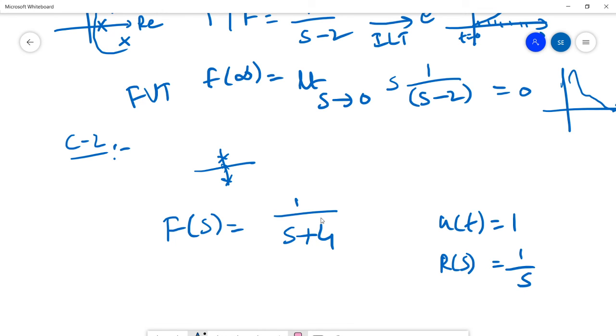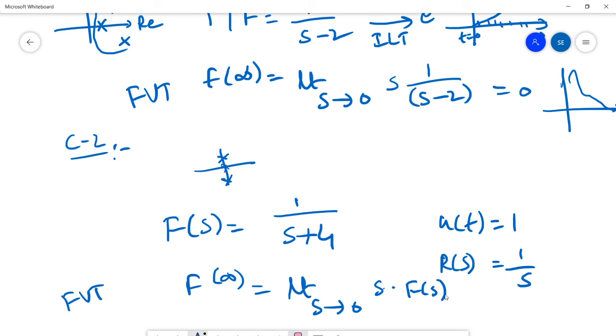If you apply this input to the system and calculate the final value theorem, f of infinity is equal to limit s tends to 0 of s into f of s, and we are applying the input 1 by s to this.